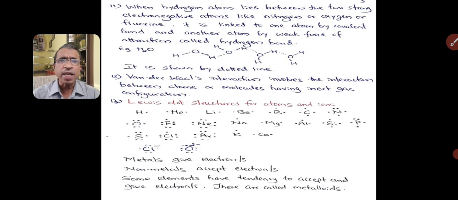Now let us study the Lewis dot structure for atoms and ions.